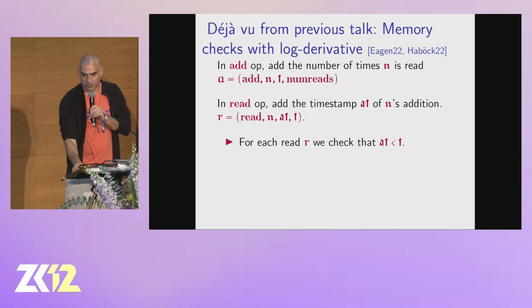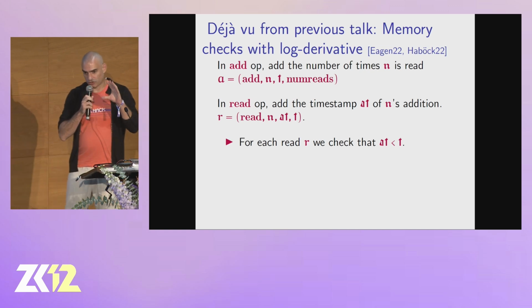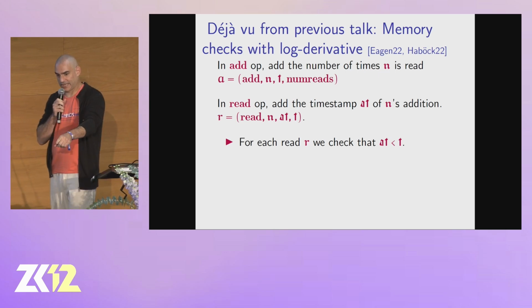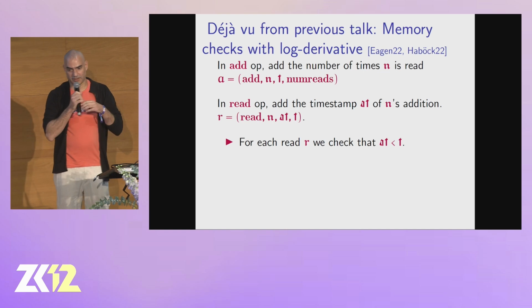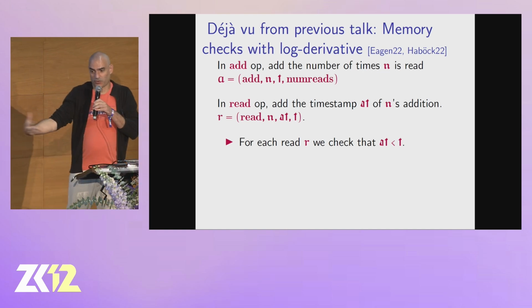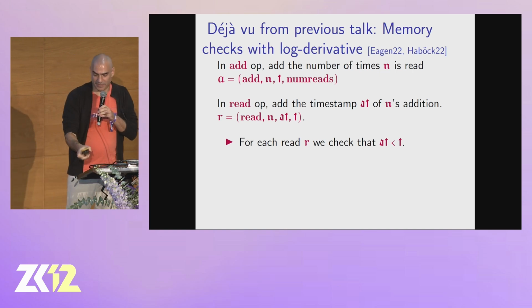And now what are we going to check? In the transition function, we're going to check for each read that AT is smaller than T, that the alleged time of creation of the note was smaller than the time we're reading it.